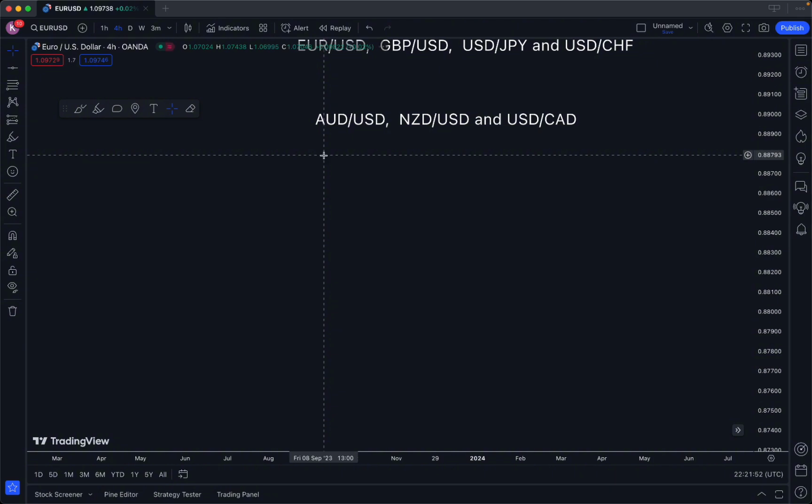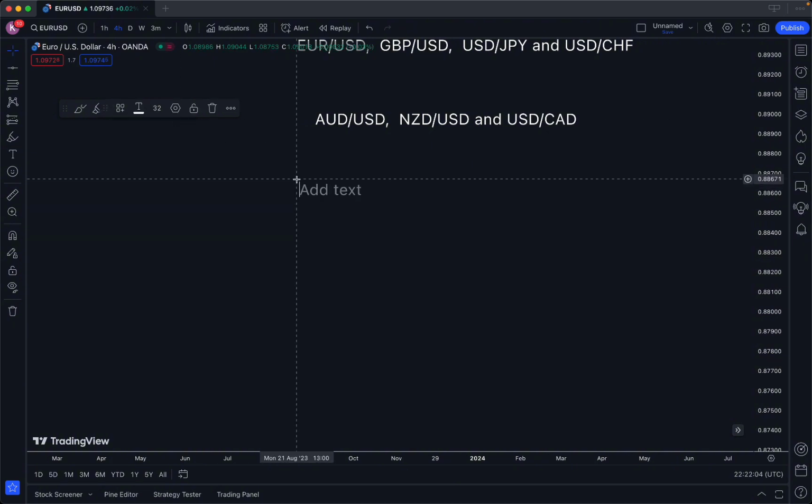So on to the next one, we have the minor pairs. These are the pairs that do not include the United States dollar, but they involve the other major currencies.